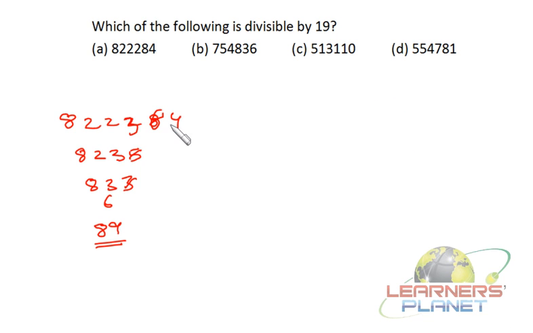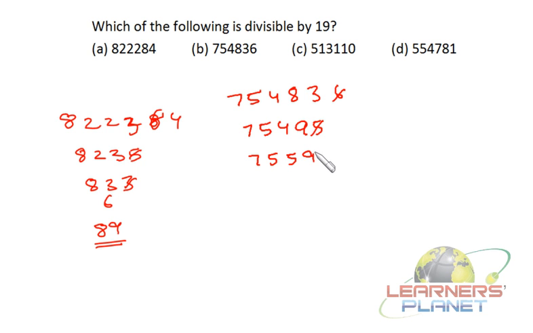Now let's take 754836. 6 twos are 12. I just add 12 over here. What I'll be getting is 754, 83 plus 12 is 95. Then 5 twos are 10. I just add it to 49. So 7559.